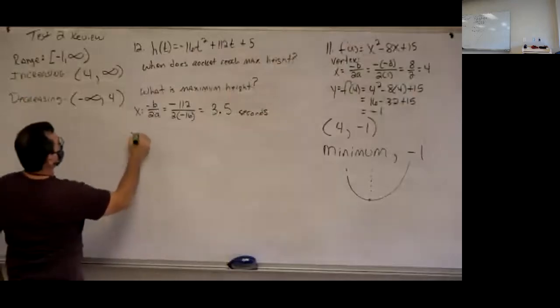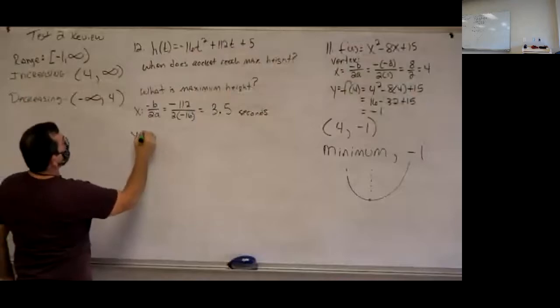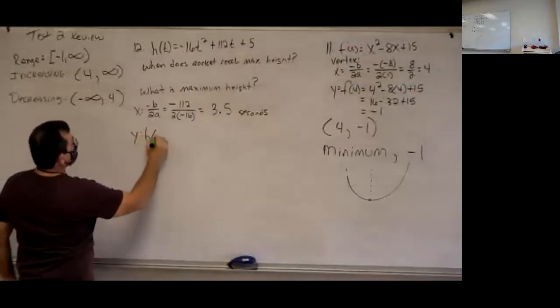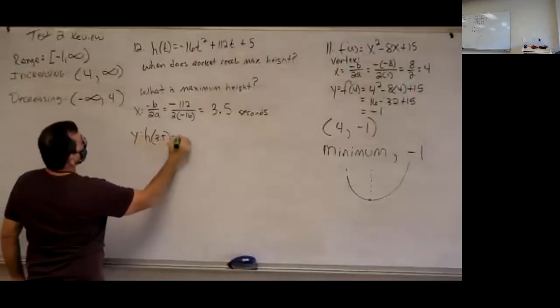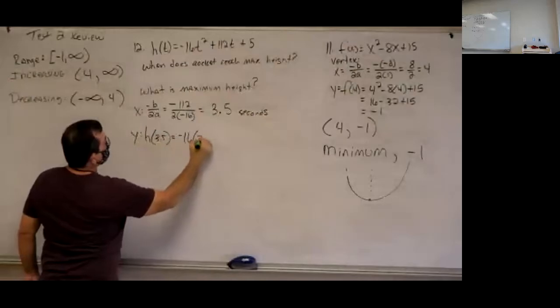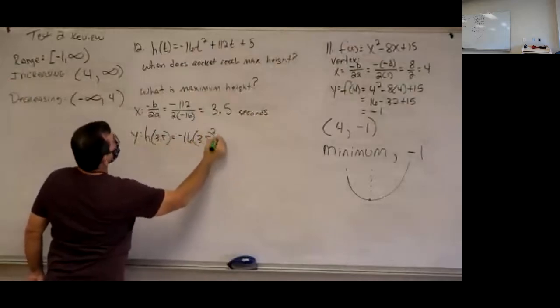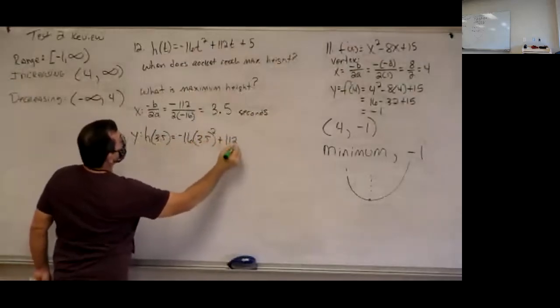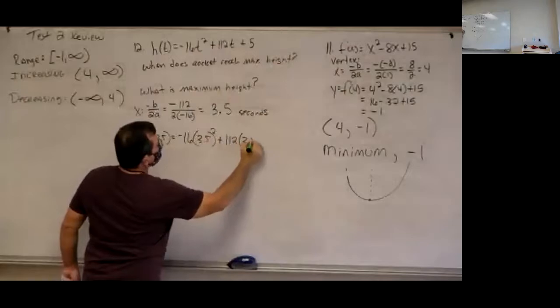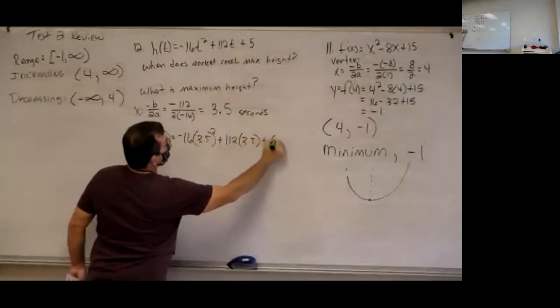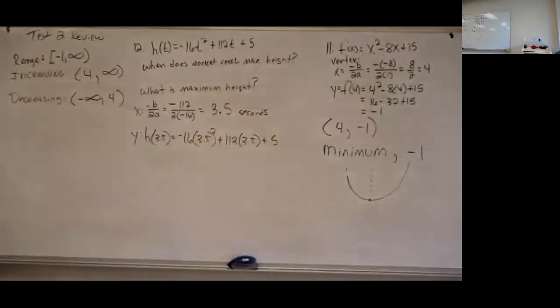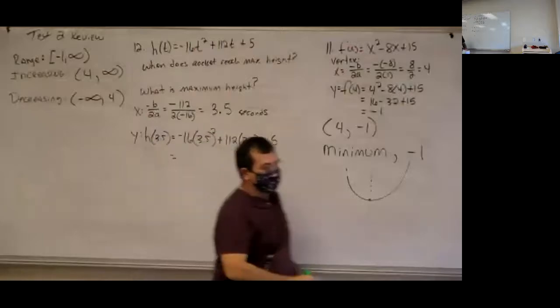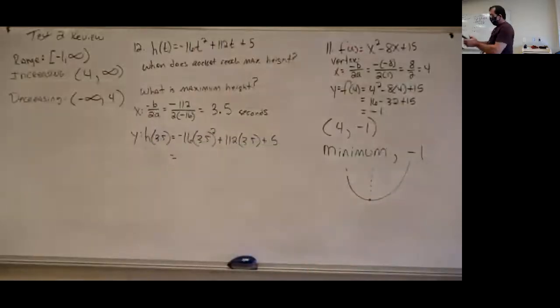So to find the maximum height, I'm looking for the y value. So I'm going to be finding h of 3.5. So that's -16 times 3.5 squared plus 112 times that 3.5 plus 5. Let me put that in and see what that'll give me.